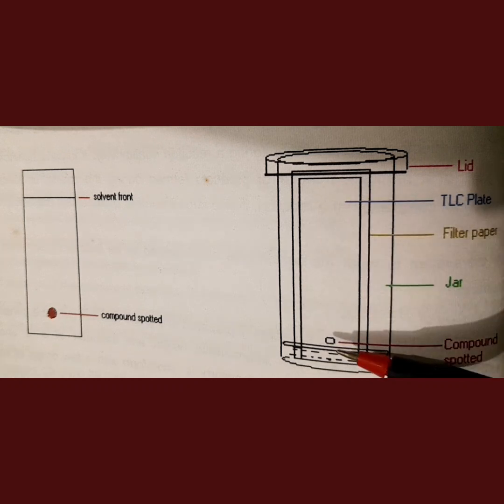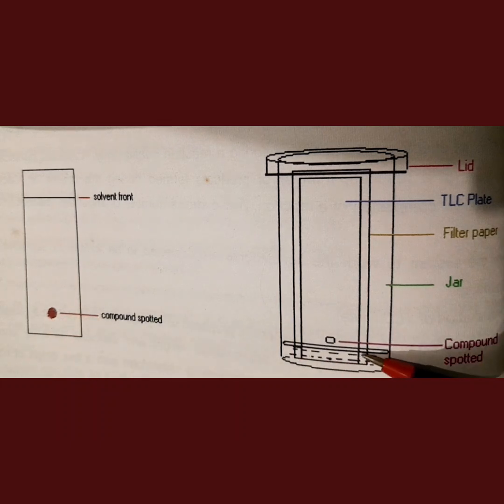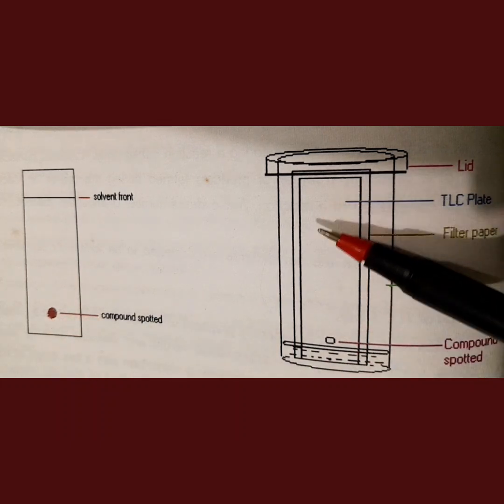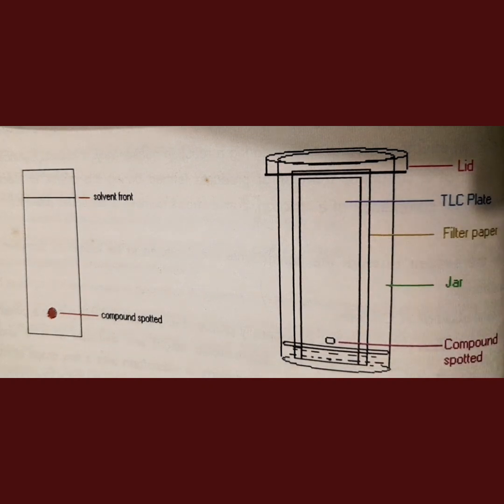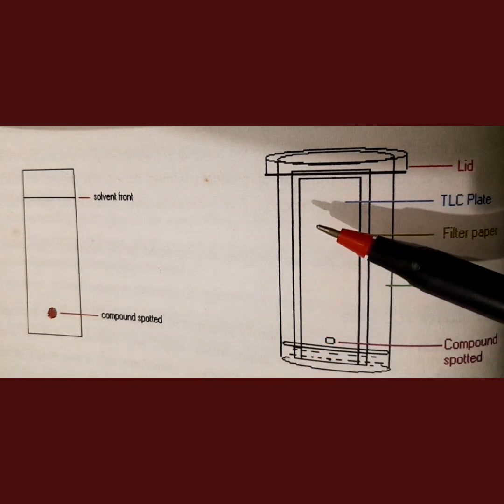Alright, so we spotted; care has to be taken that the spot that we spot is above the solvent that we have taken. Now this silica on the plate is the stationary phase and the solvent which is moving is the mobile phase.